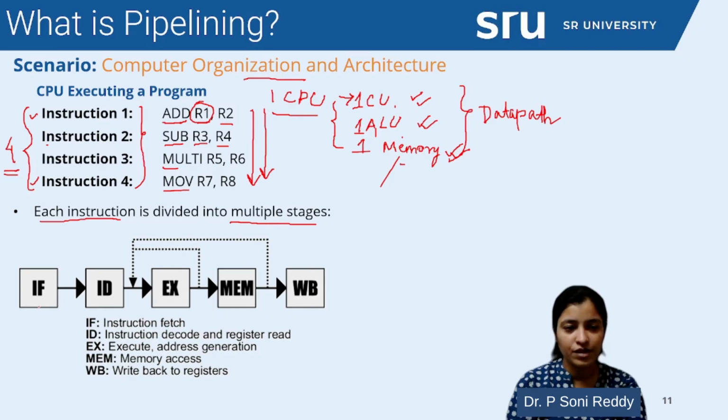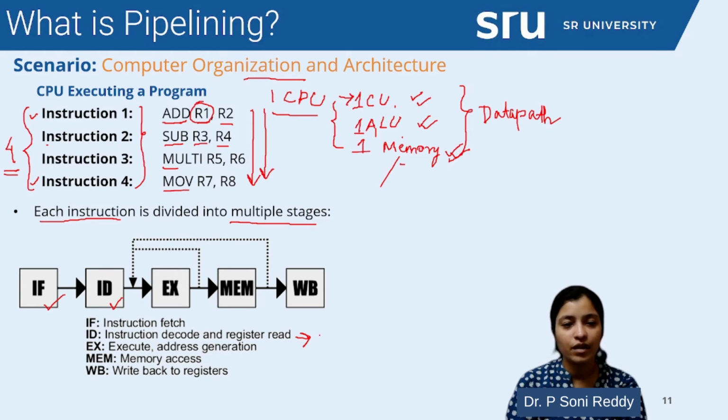The first stage of every instruction is called instruction fetch, or IF. The next step is called instruction decode, which means reading the instruction and understanding what operation is to be done, where I can get my source data, and where I will store the final output.